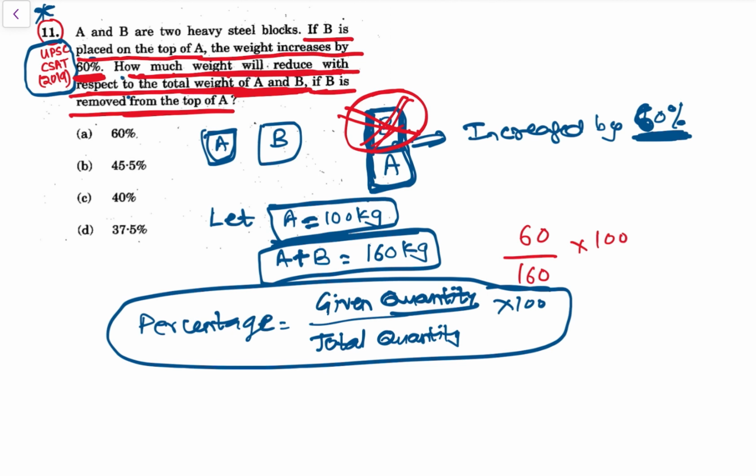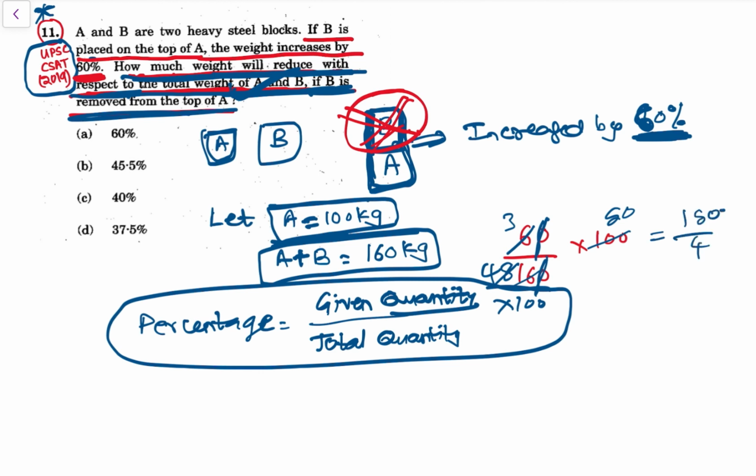So now, how much weight will reduce with respect to the total weight of A and B if B is removed from top of A? So B is removing, so 60 by 160 into 100, the zeros cancel. 6 2 3s are and 2 8s are, so that would be 2 50s are and 4s are, so that is 150 by 4.